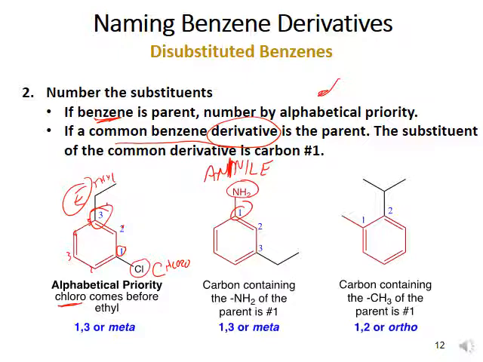And again, we're at the 1, 3 or meta positions. And here we're ortho because this is carbon number 1. That's what makes this stuff the common derivative. And then this group is now ortho. Cool.